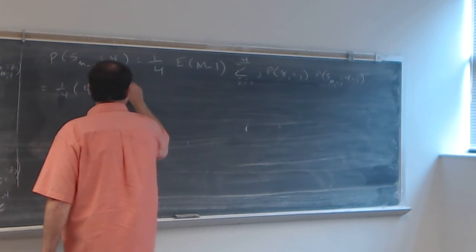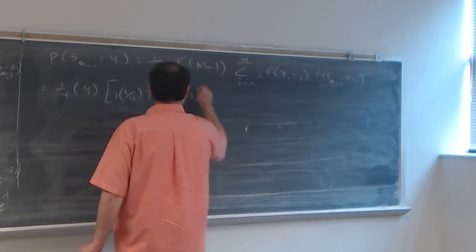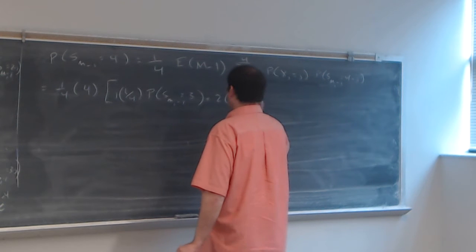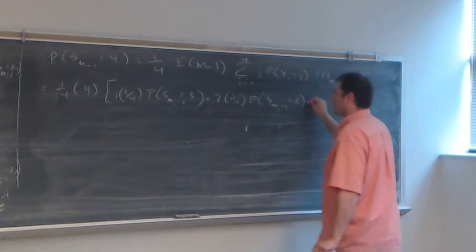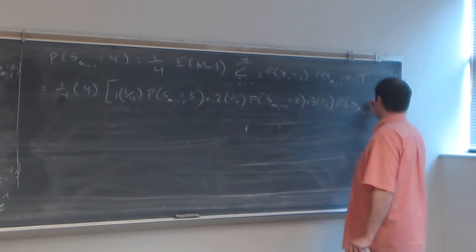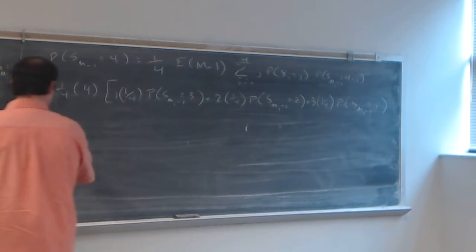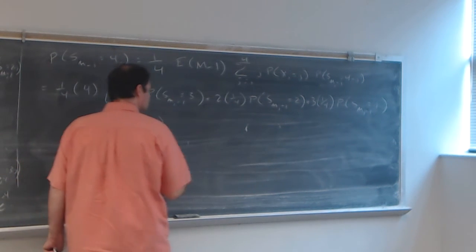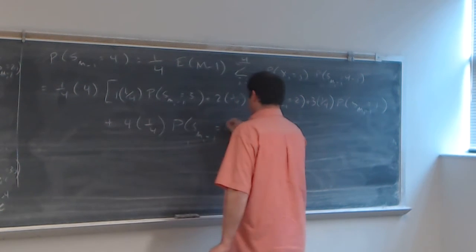So this is 1 times 1/4 times the probability that S of m sub 1 minus 1 is equal to 3, plus 2 times 1/4 times the probability that S of m sub 1 minus 1 is equal to 2, plus 3 times 1/4 times the probability that S of m sub 1 minus 1 is equal to 1, plus 4 times 1/4 times the probability that S of m sub 1 minus 1 is equal to 0.